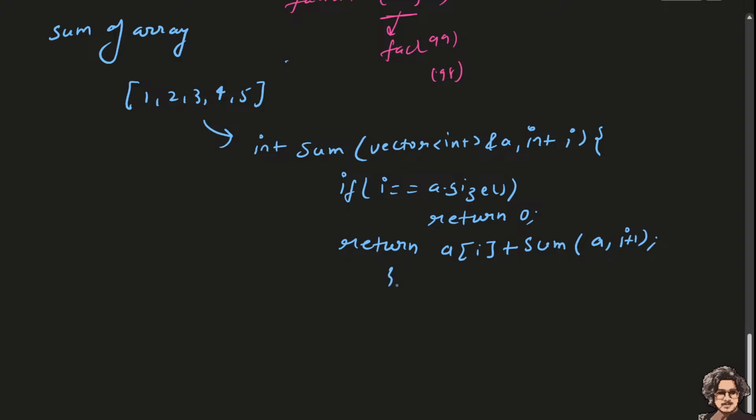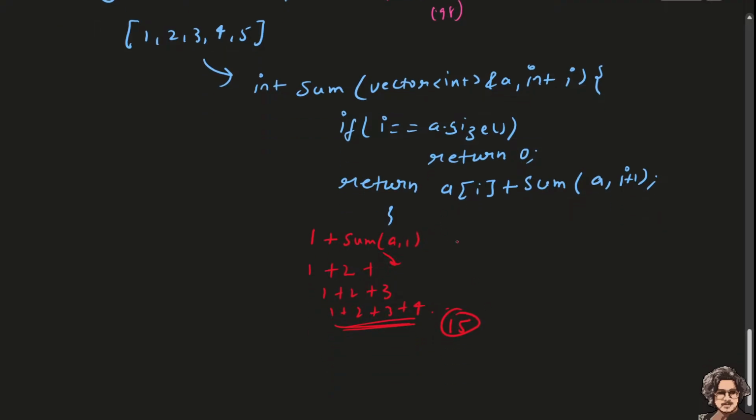By writing this, we go on like 1, then sum of 2 for the rest, so 1 plus 2, then 1 plus 2 plus 3, 1 plus 2 plus 3 plus 4, and finally we reach the end and it returns the answer 15. So this is all about recursion.